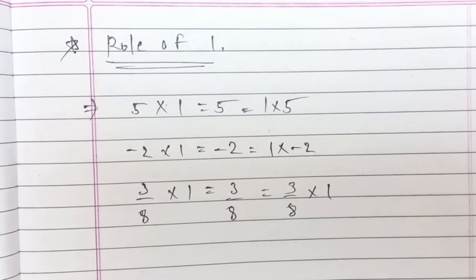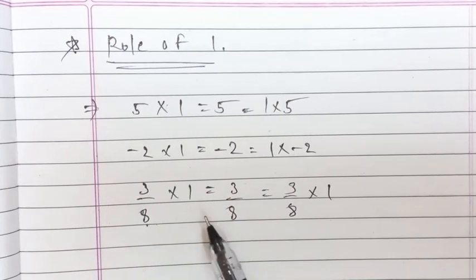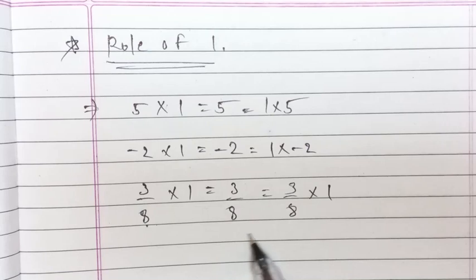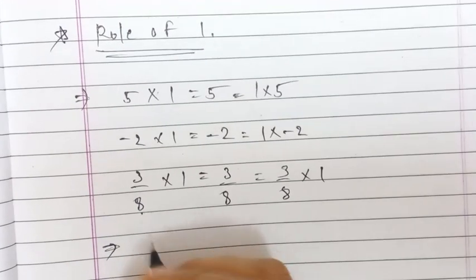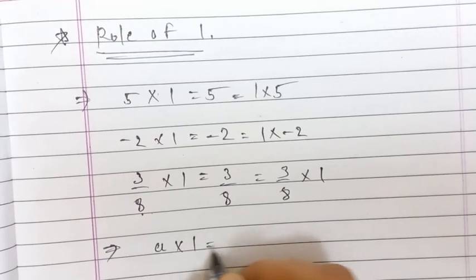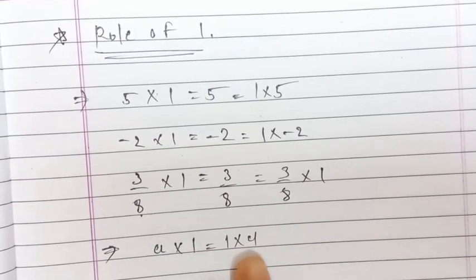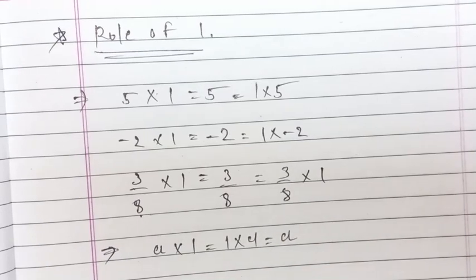So again, you will find that when you multiply any rational number by 1, you get back the same rational number as the product. In general, if a is a rational number, then a multiplied by 1, or 1 multiplied by a, gives a, where a is any rational number.